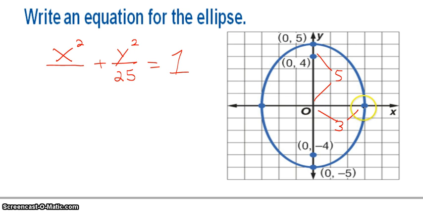I take my distance from my center to my co-vertex, which is 3, and square it, which is 9, and that's my equation for this ellipse. The larger number is underneath the y squared, so I know I have a longer y-axis. My transverse axis is the y-axis and not the x-axis.